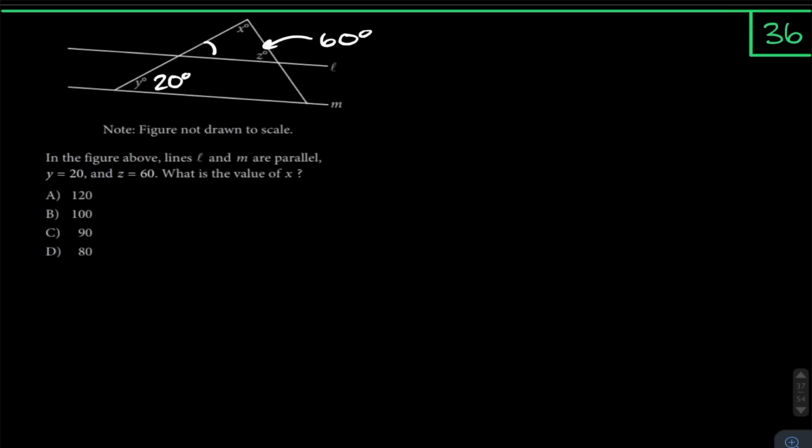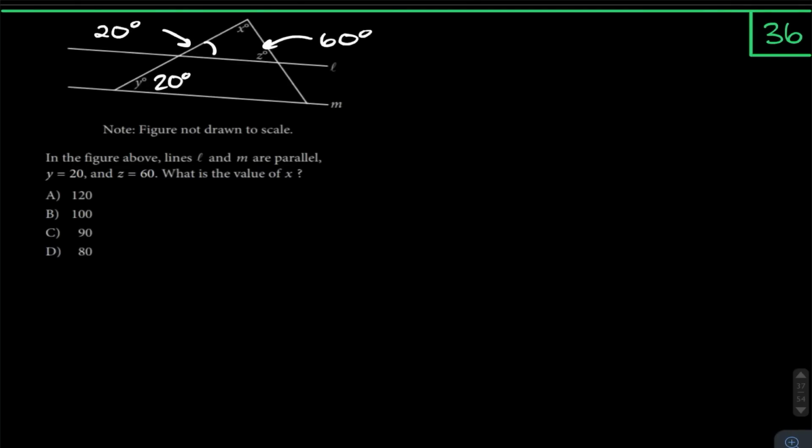So that's what I'm thinking about right now. I'm thinking about finding this angle, and we actually do know this angle. It's going to be 20 degrees. How do I know that this angle is 20 degrees though? Well, this angle and this angle are corresponding angles. They are going to have the same angle measure.